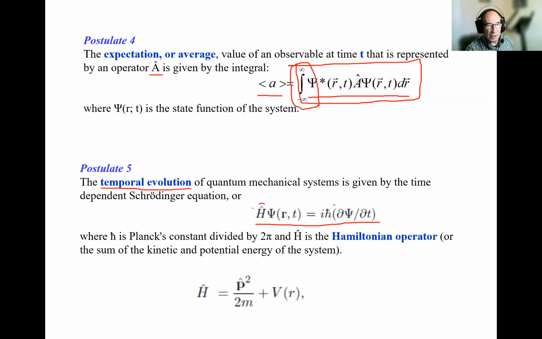And H, like in classical mechanics, stands for the Hamiltonian, but in this case it is an operator. It is written in the same way as the classical Hamiltonian, so it has kinetic energy and potential energy, but both of them are represented by operators. Right? So these are the basic postulates which we use in quantum mechanics.